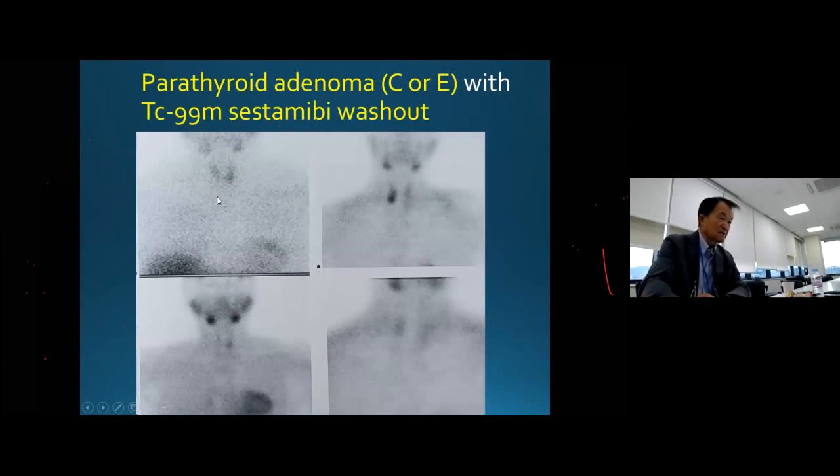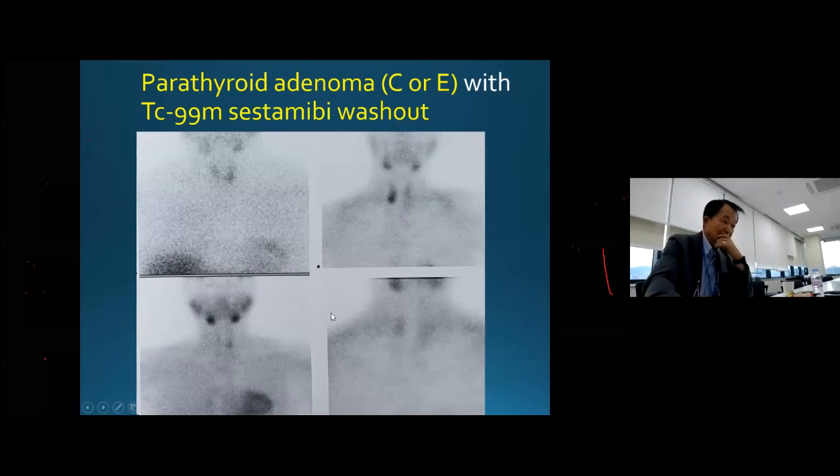So in another case, okay, you can see some area, particularly in this most common place, right side, inferior, right behind the pole, that's E type. But E or C on planar, you cannot evaluate the depth.